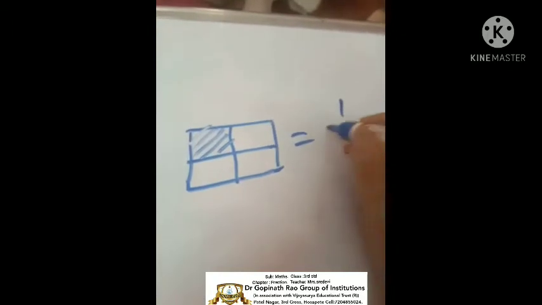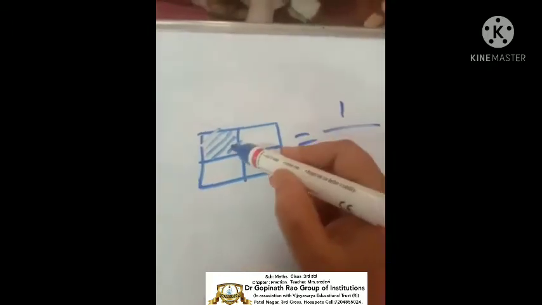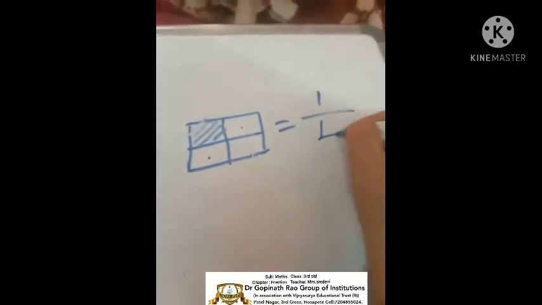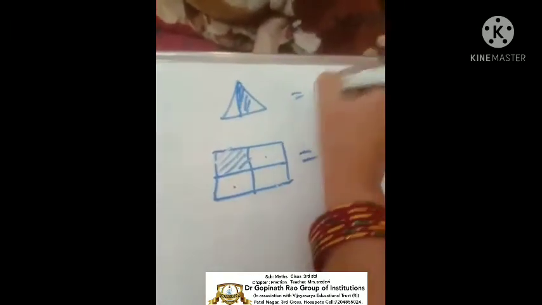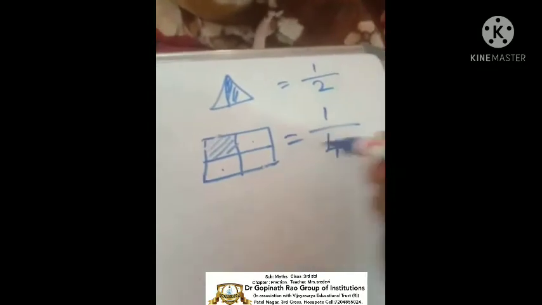So we'll write 1. How many boxes are there? Total it is divided into 4 equal parts, 1, 2, 3, 4. So we'll write 4. First we divided the triangle into 2 equal parts, one part is shaded: number of parts shaded divided by number of parts, so 1 by 2, 1 by 4.